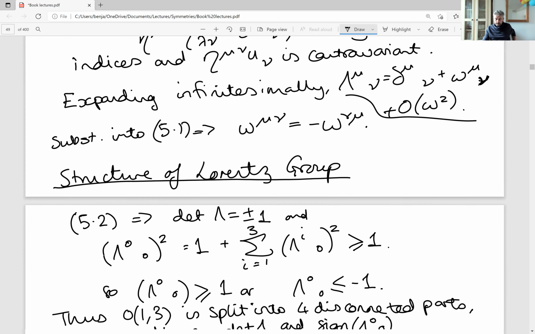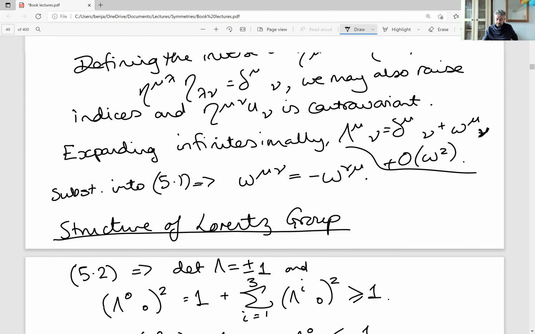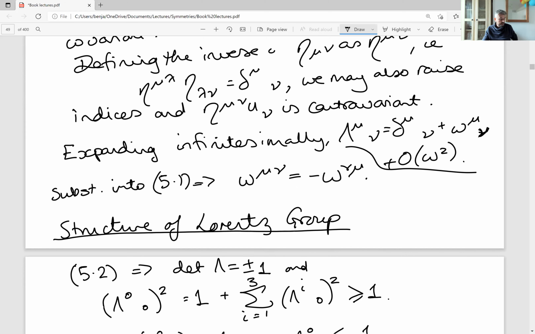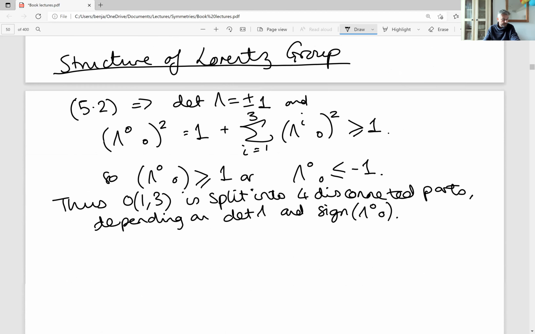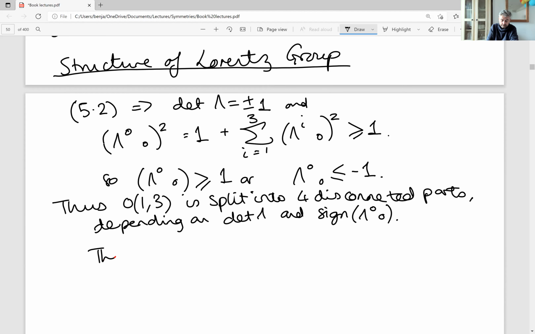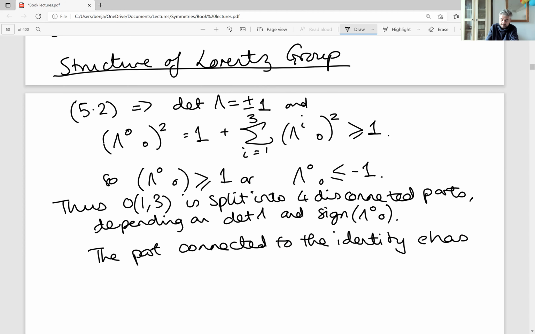Okay, so the part that we expanded above, close to the identity, is continuously connected to the identity. The part connected to the identity has determinant lambda equal to +1 and lambda^0_0 bigger than or equal to 1.